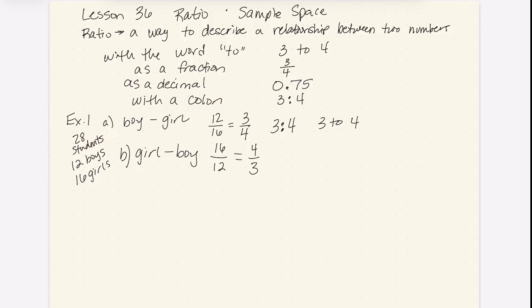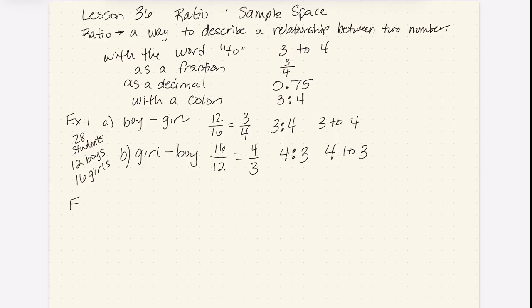Reduce it, but do not make it a mixed number. So 4 to 3, you could also say it as 4 over 3 or 4 to 3. You do need to lead with whatever it is leading with. So in B's case, it was girl to boy, and in A's case, it was boy to girl. That's how you know which number to put where.